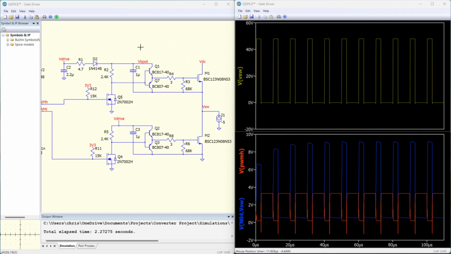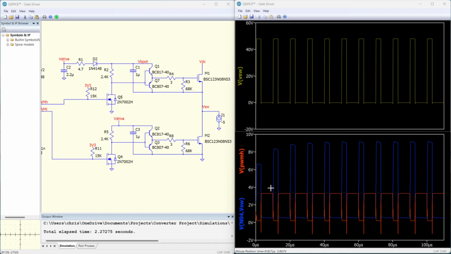The high-side gate driver is the same as the low-side gate driver, with the push-pull stage and the inverting stage with the signal MOSFET and the pull-up resistor. The only difference is the just discussed bootstrap circuit for getting a higher voltage than the input voltage.